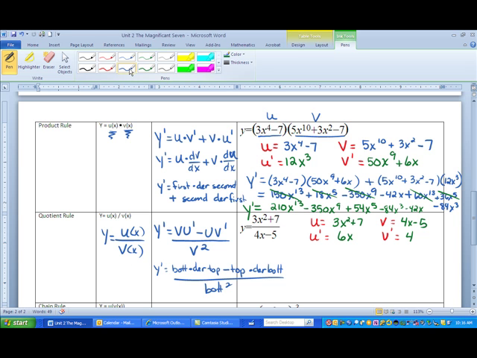Now, to find the derivative, we do the bottom, which was v, 4x minus 5, times the derivative of the top, which is 6x, minus the top times the derivative of the bottom, all over the bottom squared.